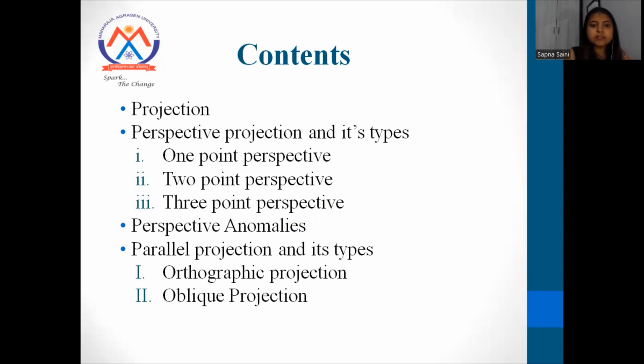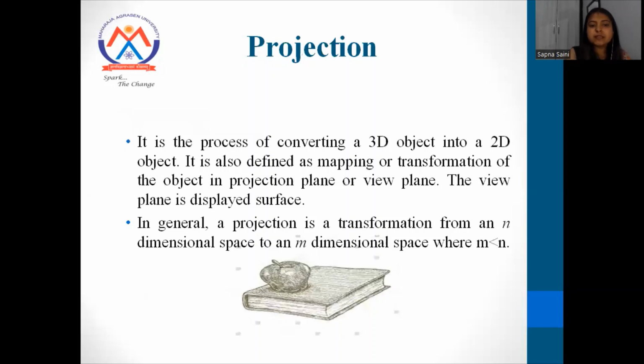Okay, now let's continue with what projection is. Basically, projection is a process of converting a 3D object into a 2D object. We all have seen a sketch like this one, like an apple on a book. This sketch is drawn on a 2D paper, which is obviously two-dimensional, but it is visible as a 3D object.